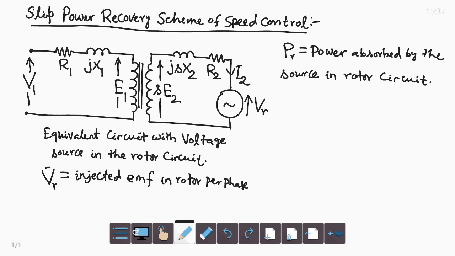So, mechanical power Pm equals air gap power Pg minus power absorbed by the voltage source in the rotor circuit PR, when rotor copper loss is neglected.